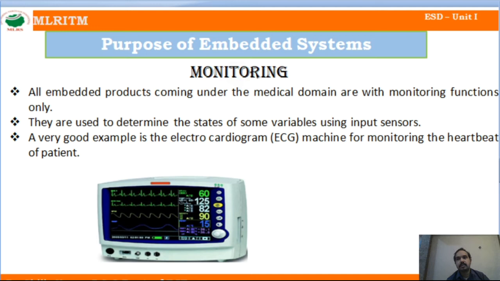Next is monitoring. So embedded system devices we are using for what? Monitoring purpose, to measure some values. One example for this monitoring device is the ECG machine. We can monitor the heartbeat or heart rate of a patient continuously using what? An ECG machine.